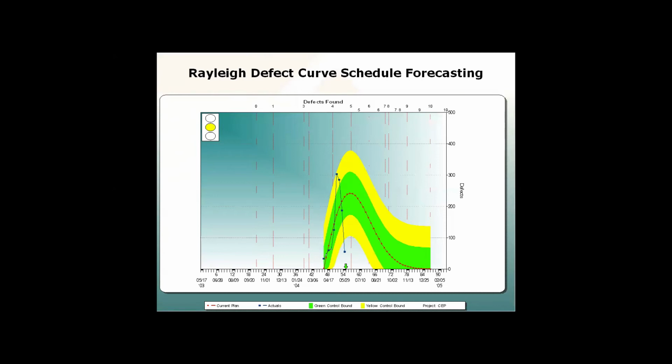So I think we might have been plotting it weekly or bi-weekly, and that's the blue dots. What we did was we overlaid our mathematical Rayleigh curve onto the blue dots until the model did a radar lock to say you are riding this curve, which is in the red, with a green pattern that kind of goes around it, plus or minus 20%, and then a yellow danger zone above and below the mean.